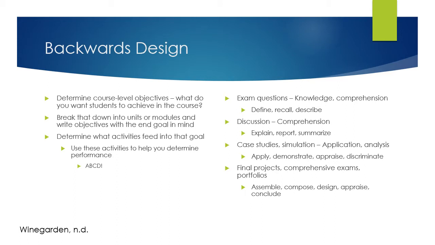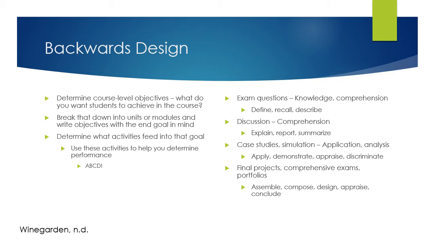So in terms of backward design, you can kind of start with your course level objectives. What do you want students to be able to achieve within the entire course? And then you break that down into units or modules, and write objectives with the end goal in mind for each of those units or modules.